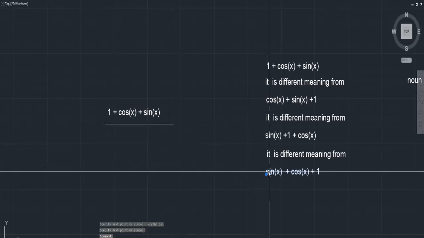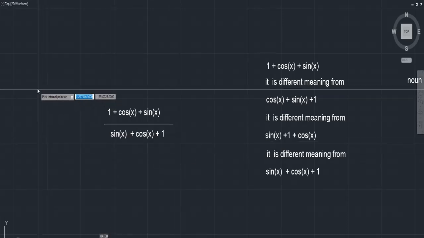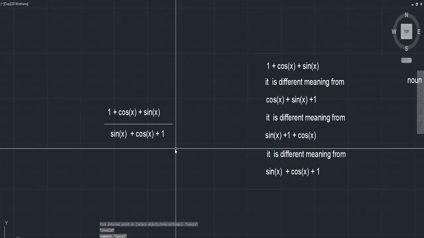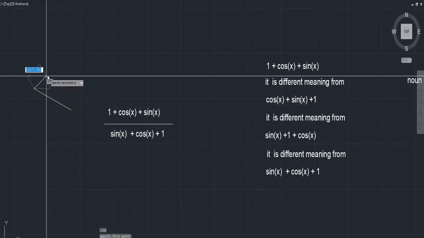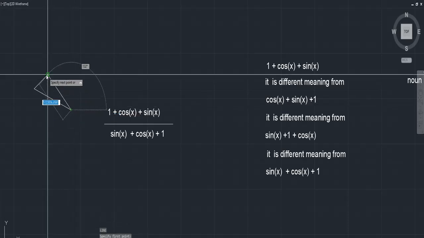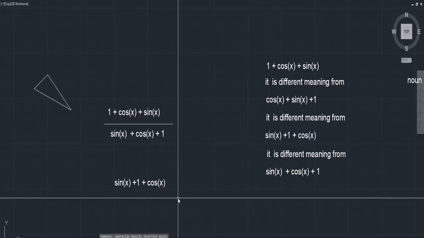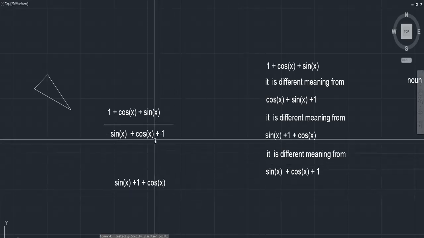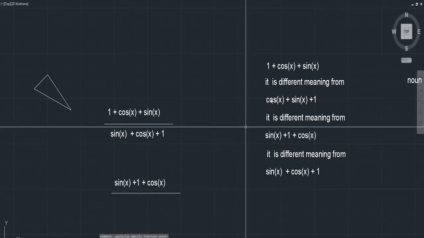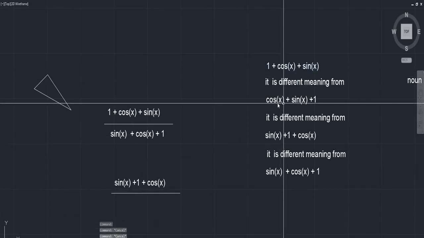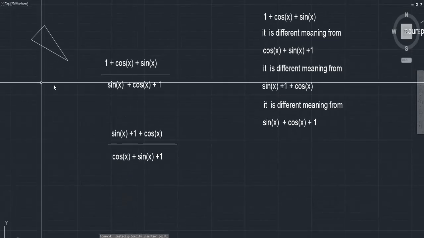say sin x plus cos x plus 1, generates a triangle, and this triangle says look like this. And if we take it as sin x plus 1 plus cos x, and that is divided with say this one and this one, then it can give us a different triangle.